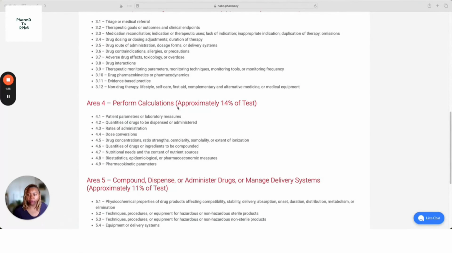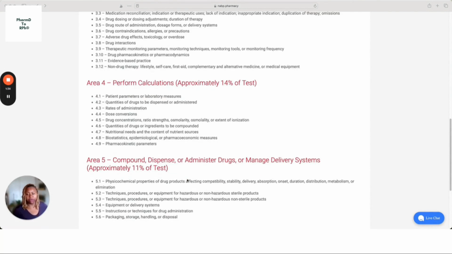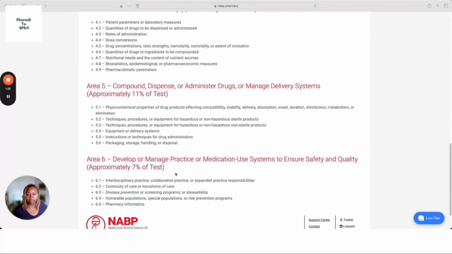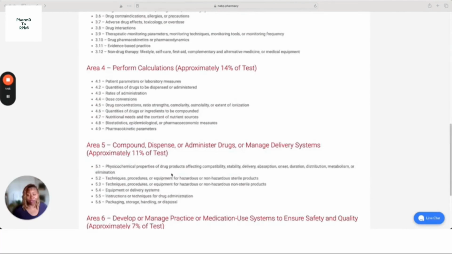And calculations and compounding is 25% of your exam. So those are key things you definitely want to focus on. Of course, let's not dismiss the 7%. You can really fumble the ball on the 7%, so let's not do that, okay?